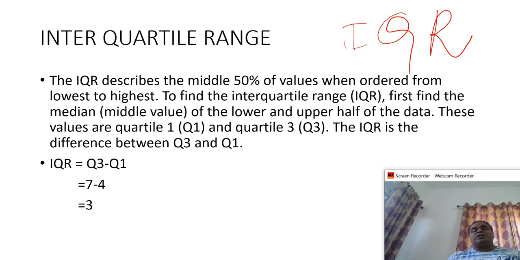To find the interquartile range, first find the median, that is the middle value, of the lower and upper half of the data. These values are quartile 1 and quartile 3, Q1 and Q3. Then IQR is the difference between Q3 and Q1. IQR is equal to Q3 minus Q1, that is 7 minus 4 equals 3. This is known as the interquartile range.